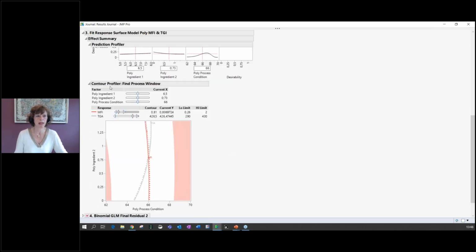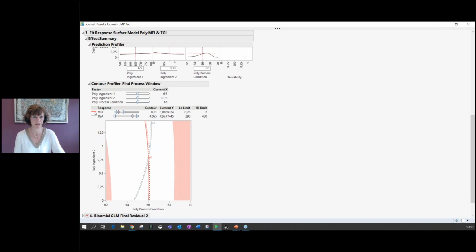There is a very nice way in the contour profiler, again, a very rich graph. Here you can visualize the process window. I can pick 2 of my factors, and I chose the 2 most important ones, the process condition and the ingredient number 2. And in the white region, I will meet my product specifications, whereas in the reddish shaded region, I will fail the MFI specification limits.